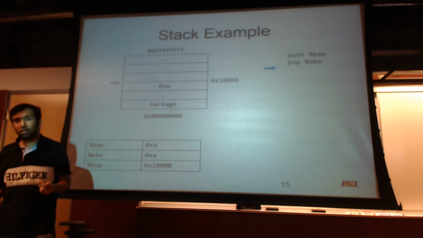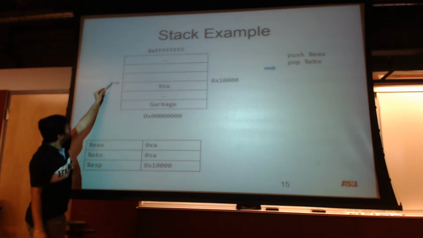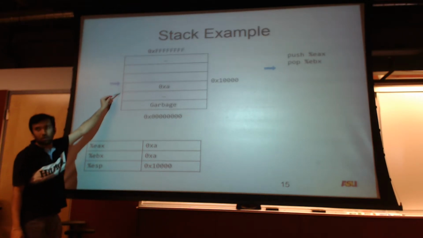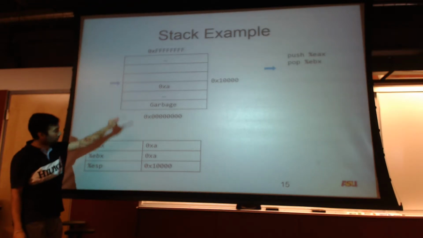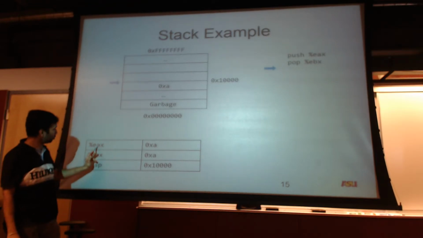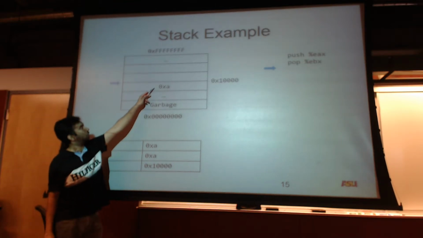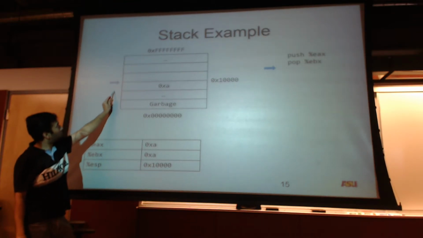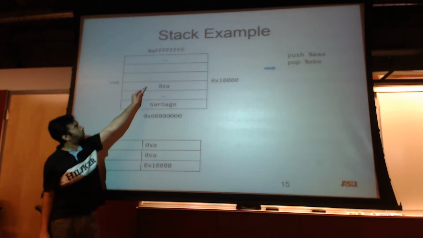Whenever you push something onto the stack, it will first decrement, which means the pointer goes from here to here, and it becomes FFFC. And then whatever you pushed, EAX has the value A, goes into this memory location. The stack pointer was pointing here, and hence it went into this memory location.